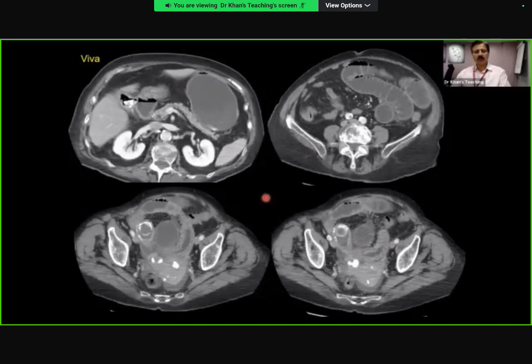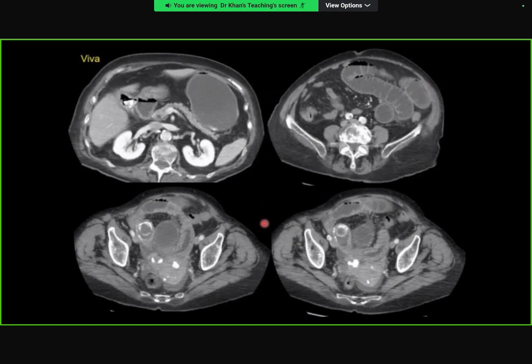And what is happening? So there is dilatation of the small bowel, along with a laminated calcific density in the small bowel loops as well, and some surrounding inflammatory change and thickening of the bowel wall.